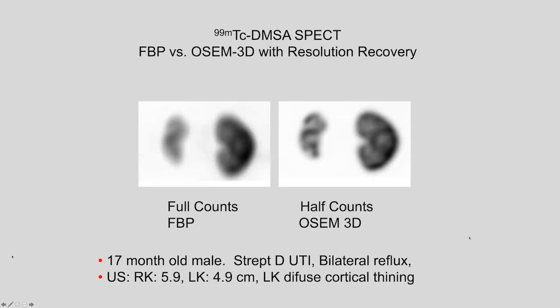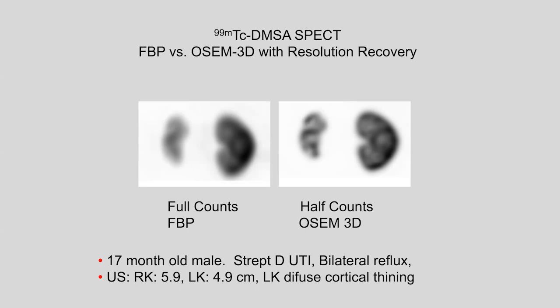Another example is a 17-month-old with bilateral reflux. You can see that on the filter back projection with full counts, there is a smaller diseased left kidney and a more normal right kidney. But when you use OSEM 3D, there is much clearer definition of the defects on that left kidney.